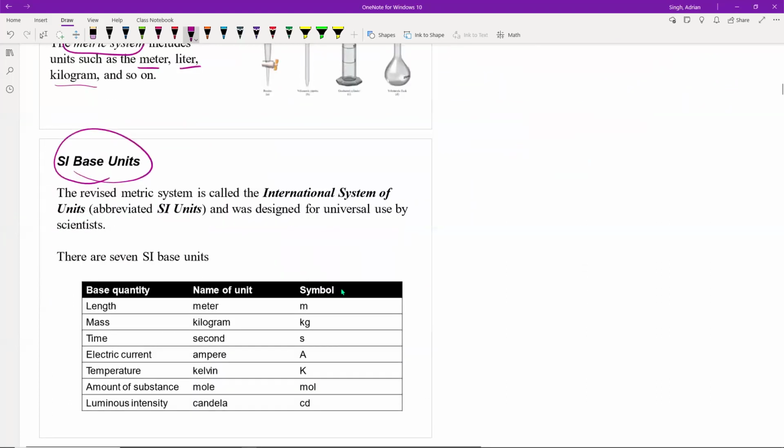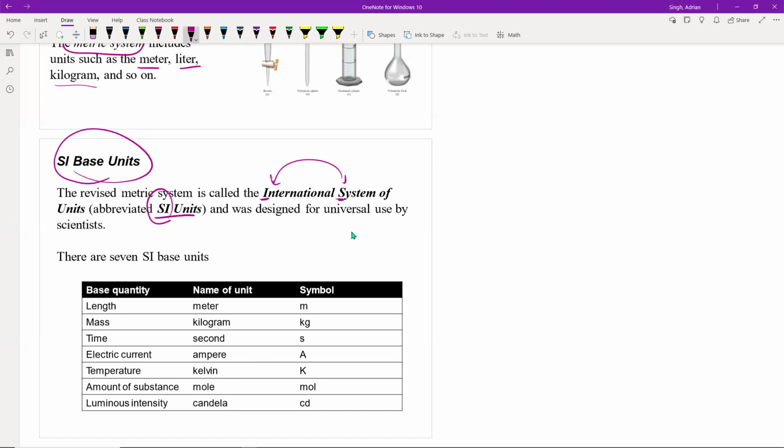So this revised metric system is called the SI system, or the SI units that we're going to be using. SI here stands for the International System. I know they're kind of reversed because the SI actually comes from the French version of this, Système International, however you pronounce it. So it looks sort of backwards, but that's where it comes from.